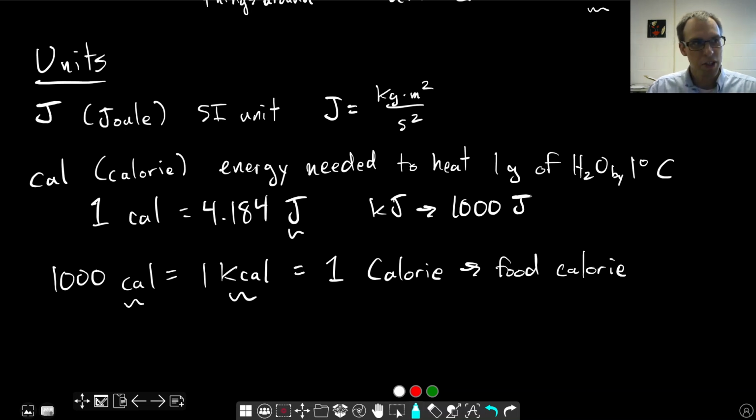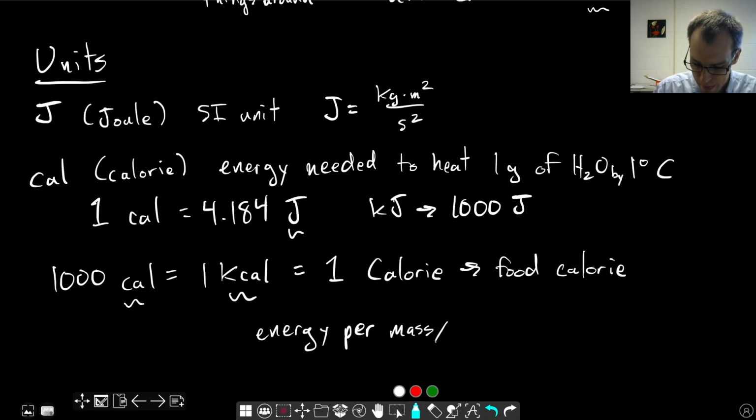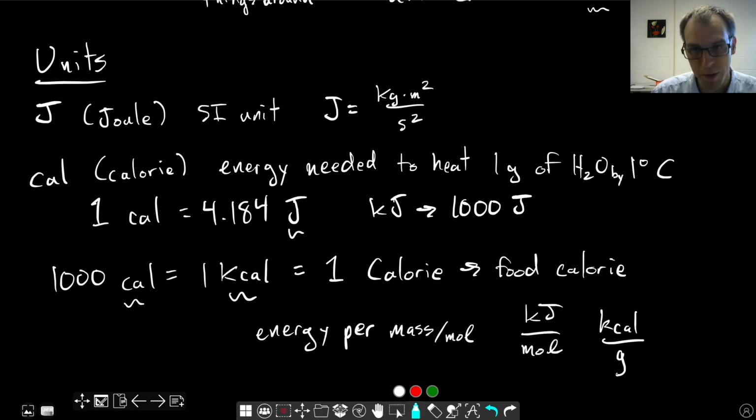Now, this is just energy for a total amount, and oftentimes we're thinking about an energy per mass or per mole. And so often there we'll see things like kilojoules per mole or kilocalories, sometimes per gram even. And so those are other units that we're going to see pop up.